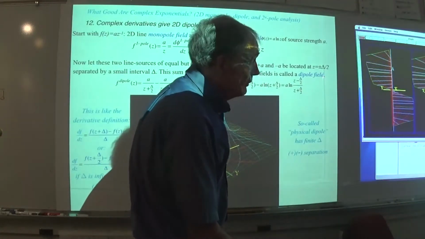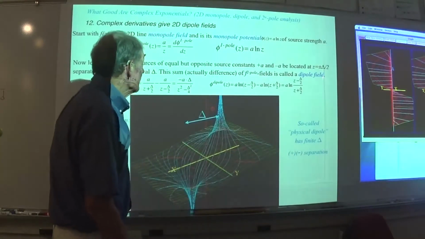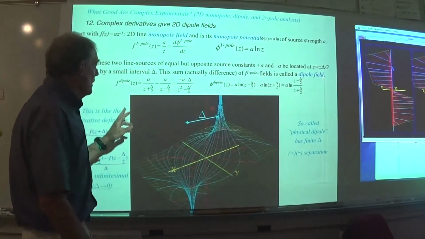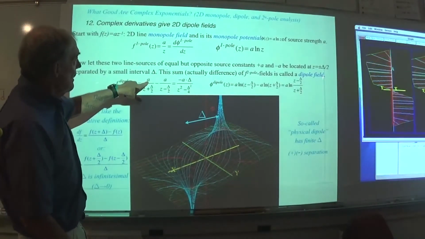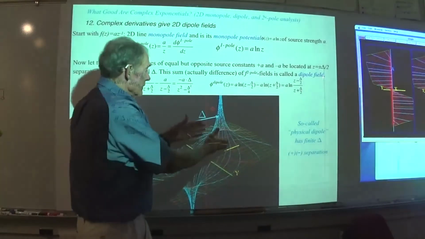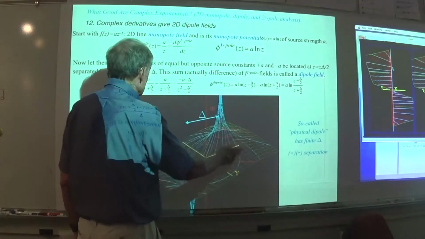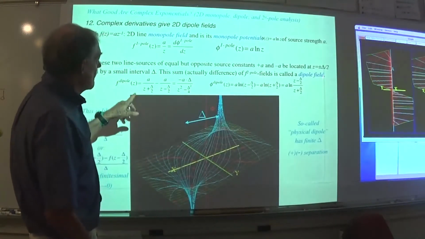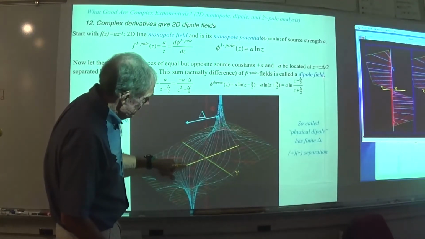And now we're back to using real numbers for the coefficients. So what I've got here is a monopole with a positive sign, this one, out here on this axis. And then I've got one with a negative sign right about there.